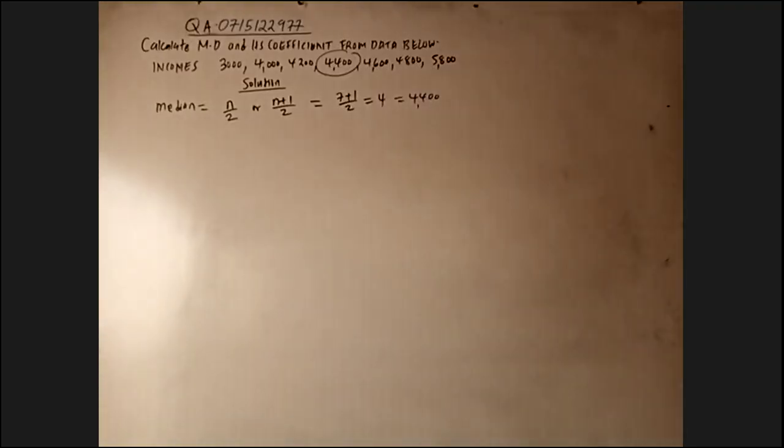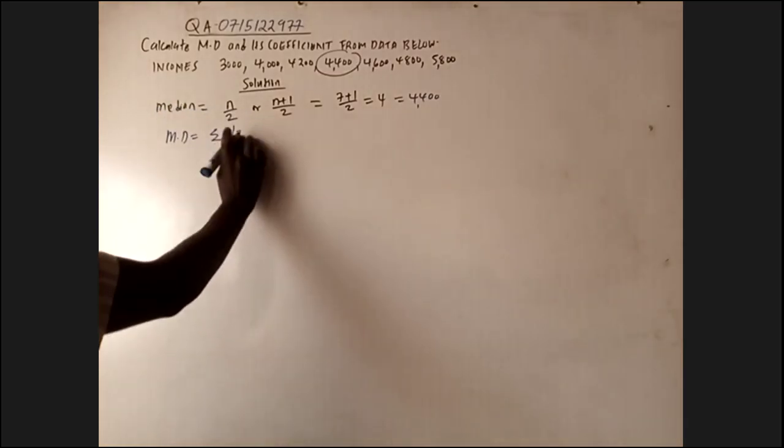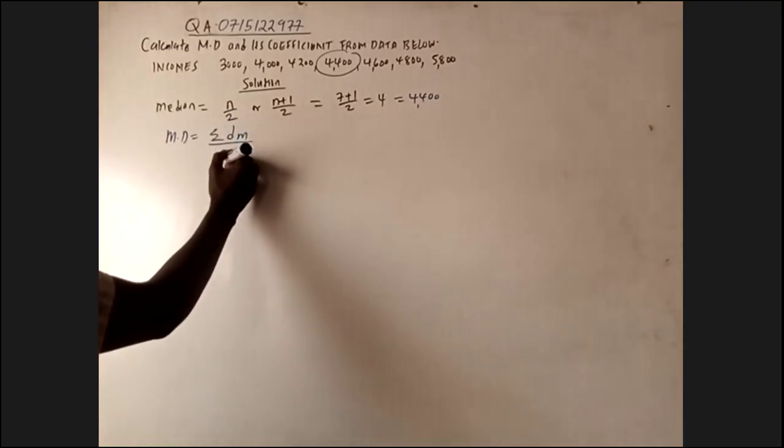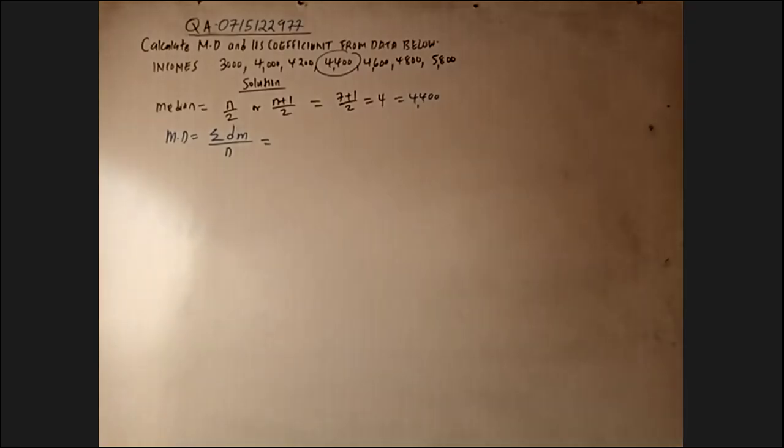Now we need to find the deviation. So how do we find the deviation? We said MD is the summation of DM over N. Now what will our summation be?